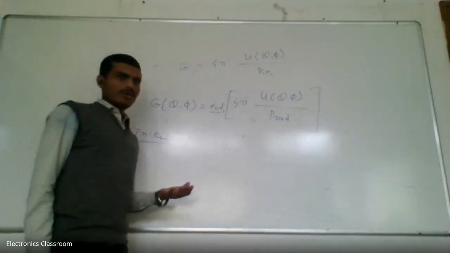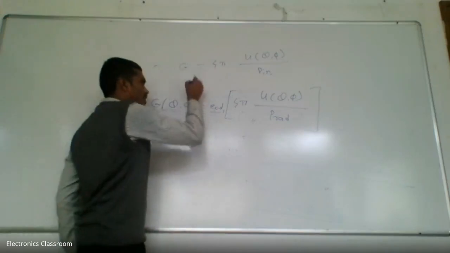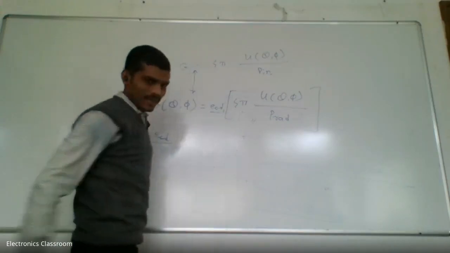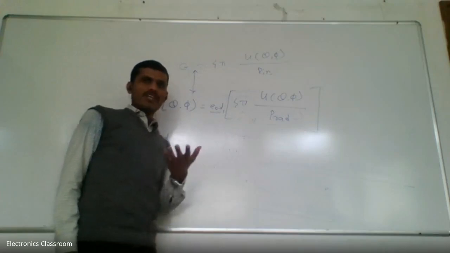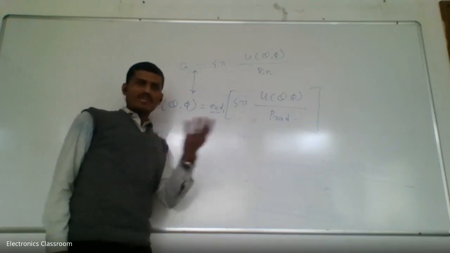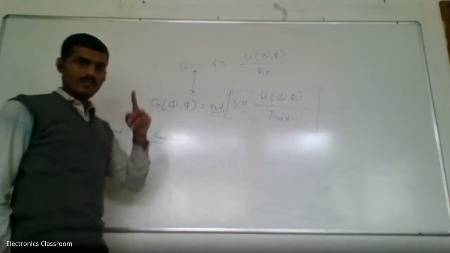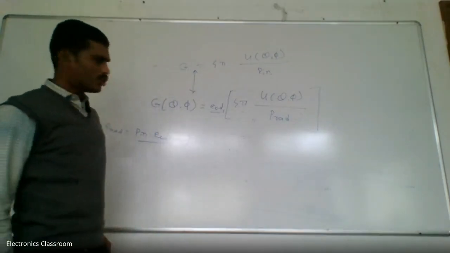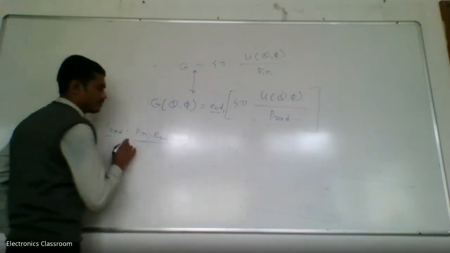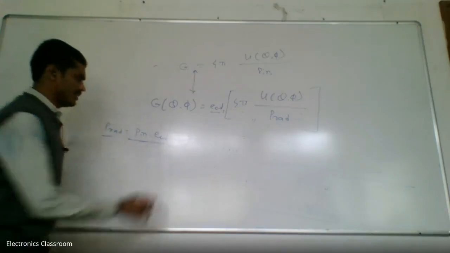Now we are moving toward the absolute gain from simple gain. I am saying that the radiation and mismatch losses can be considered in the calculation of the gain, but it will be considered in the absolute gain. We know that P radian is equal to P in into ECD.